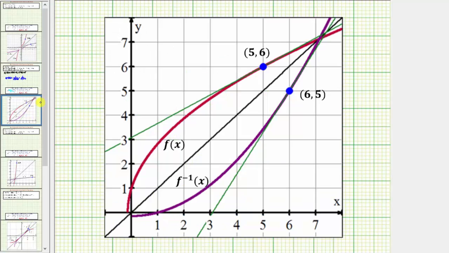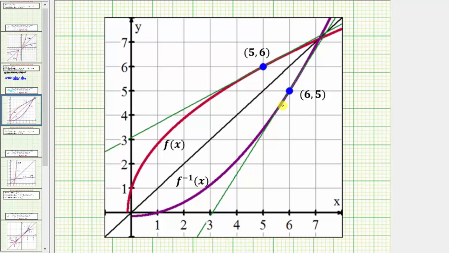So first off, the original function is graphed here in red. The line y equals x is graphed in black. So to get the graph of the inverse function, we can reflect the red function across y equals x, which gives us this purple function. So the red function is f of x, and the purple function is f inverse of x.